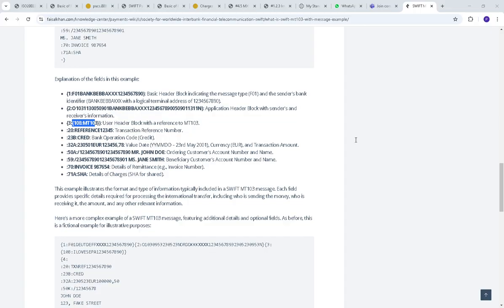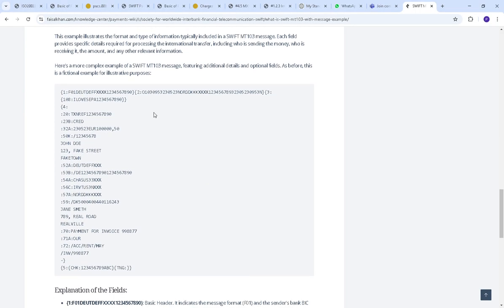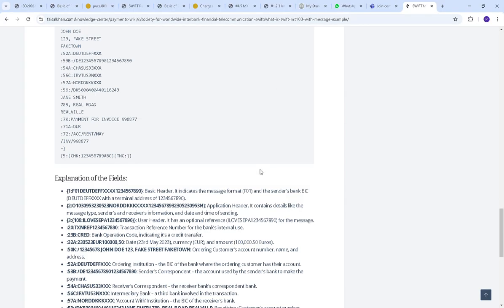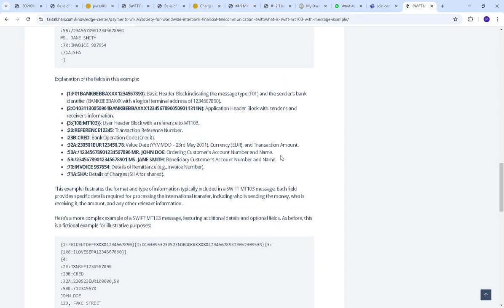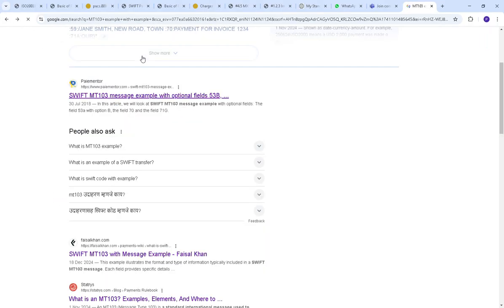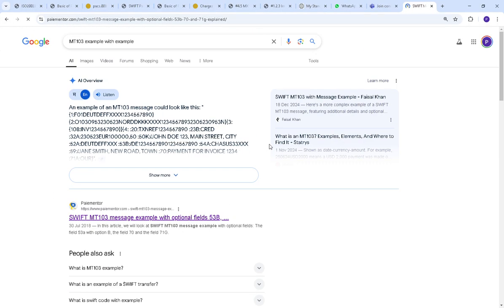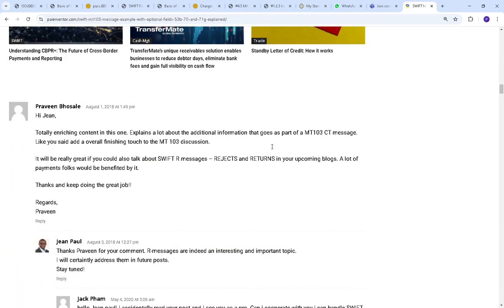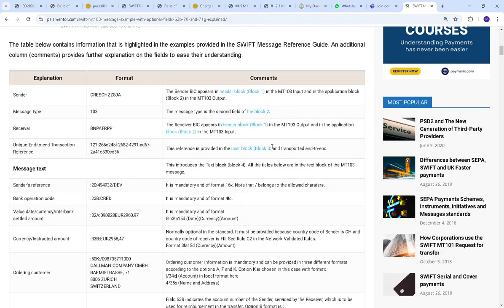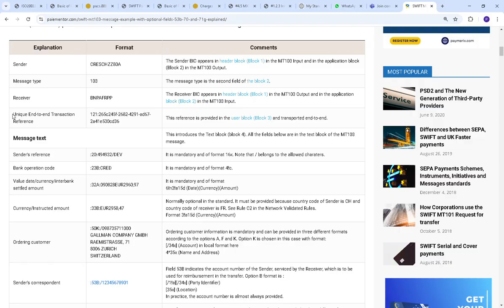It also contains here in block 3 the unique end-to-end transaction reference, UETR.